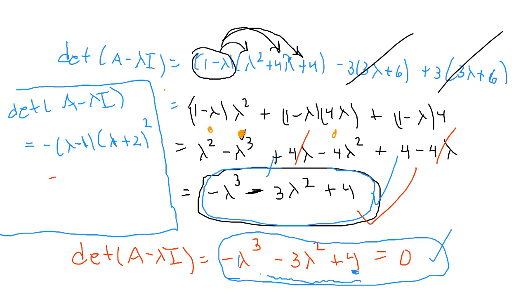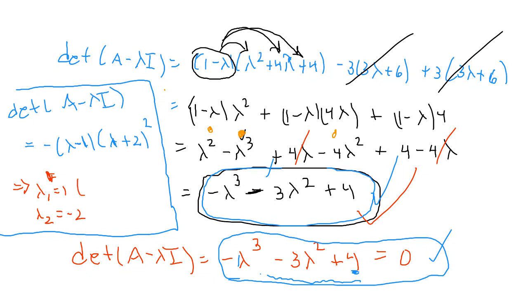So this means you have two eigenvalues. One is lambda 1 equals 1, and what's the other eigenvalue? That's right, lambda 2 equals -2.